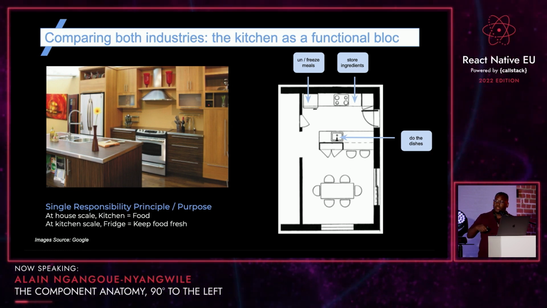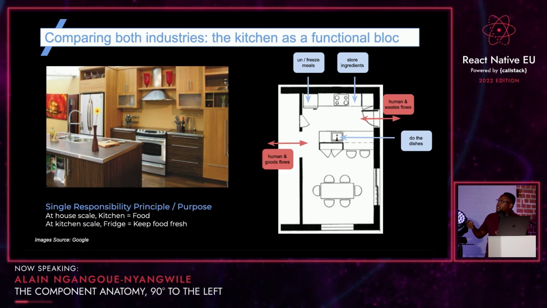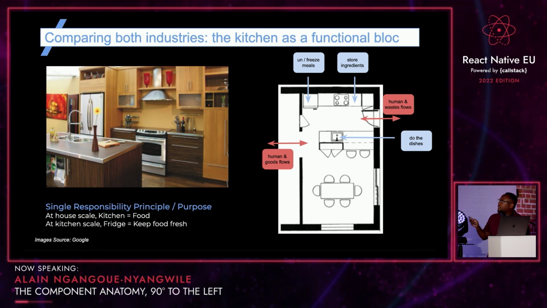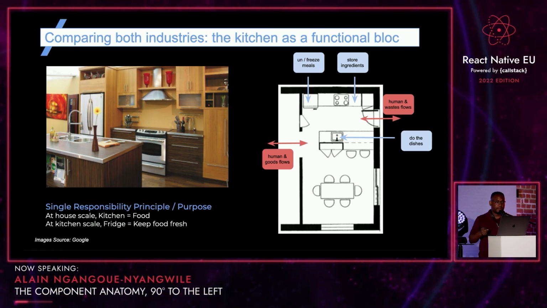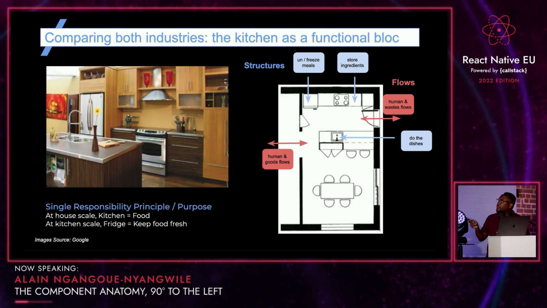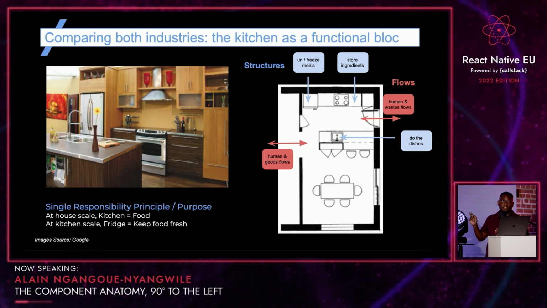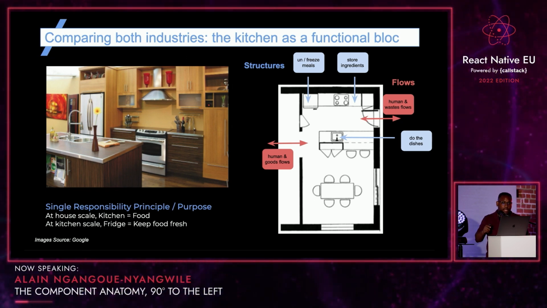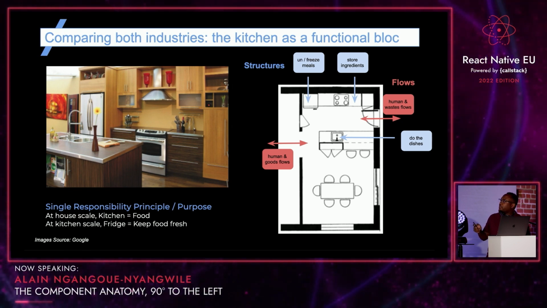Along with the sub-functions, the kitchen organization allows us to move humans, goods, waste, meals, etc. So by doing this, we just introduced the basics of the component anatomy, which are the structures and the flows. And you have the same thing in your code. Let me show you how.